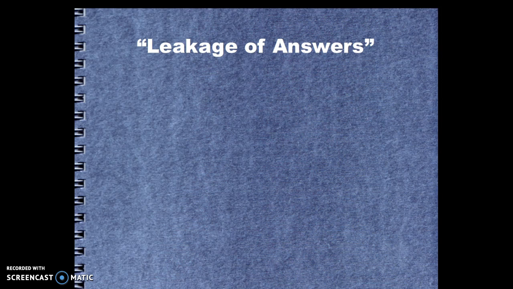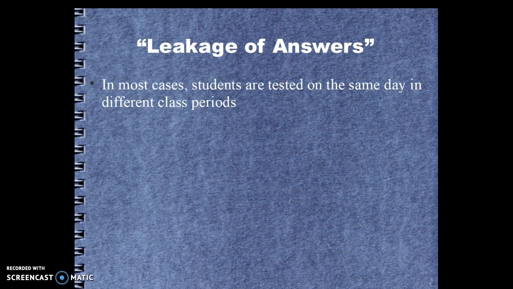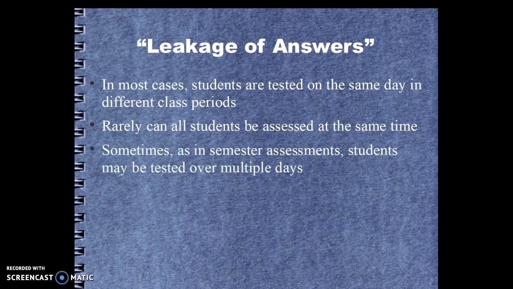We also know that answers tend to leak between students. In most cases, students are being tested on the same day on the same topics in different class periods. Rarely can you put all the students in the same room and assess them at the same time.